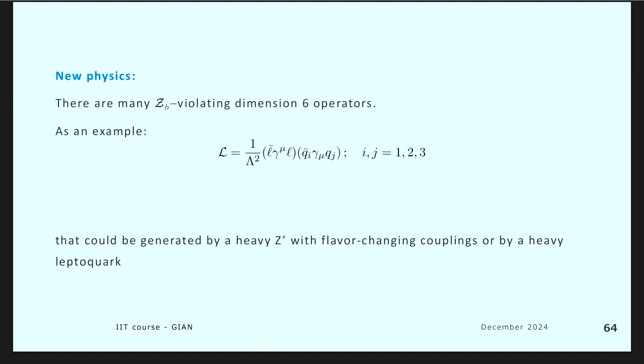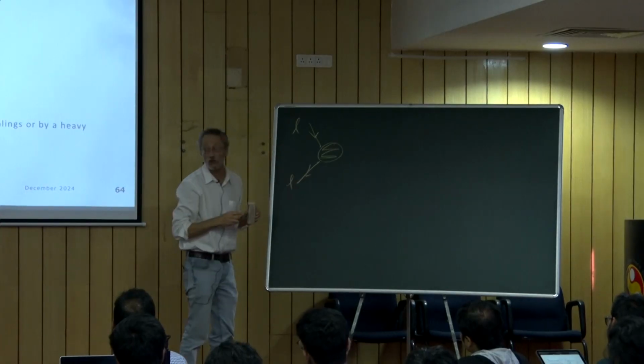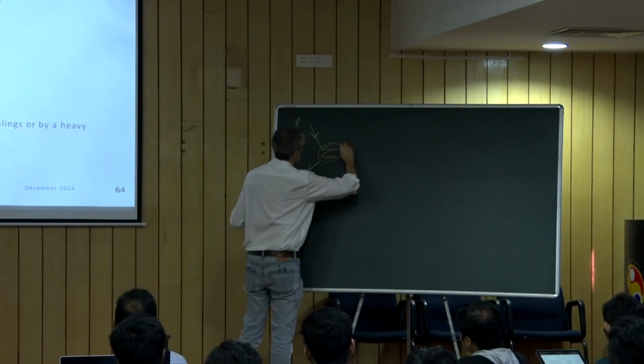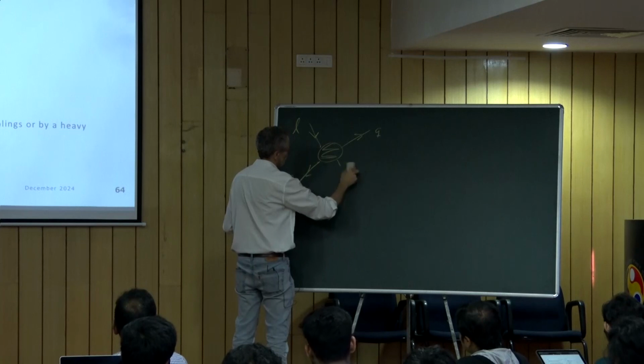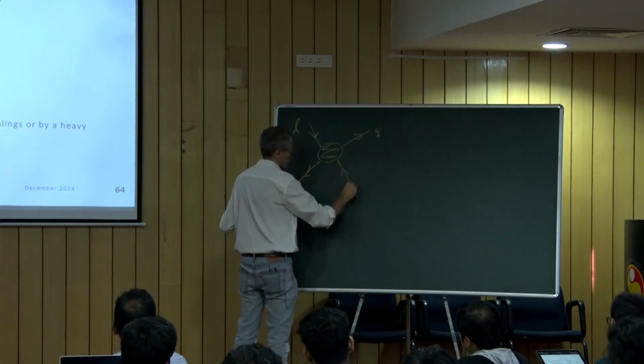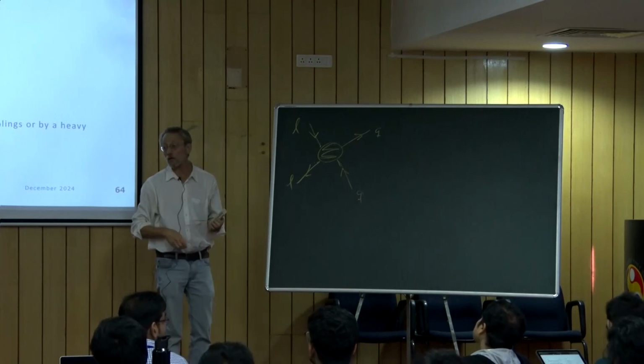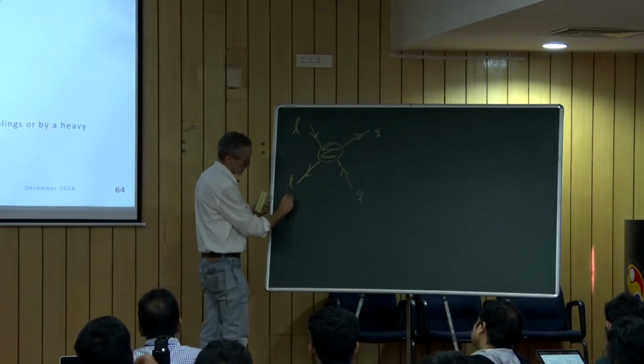I'm going to write the things that can generate it at tree level. You have two leptons and two quarks coming in. So, for example, it can be generated by this type of diagram.